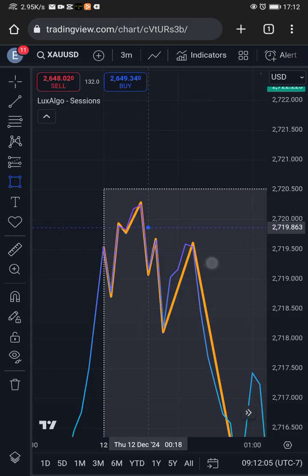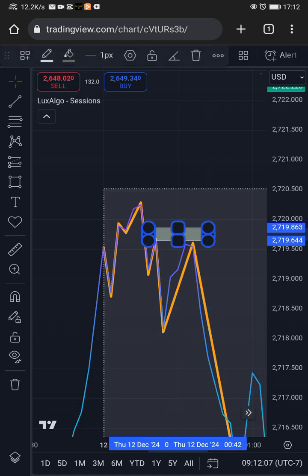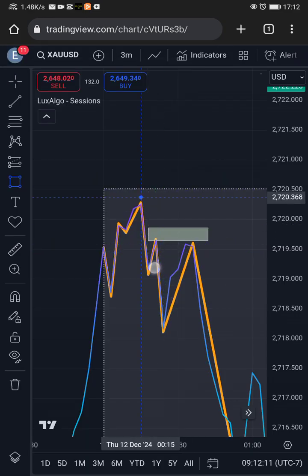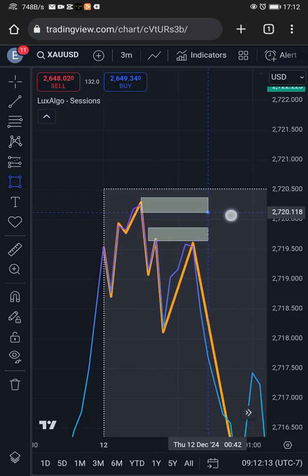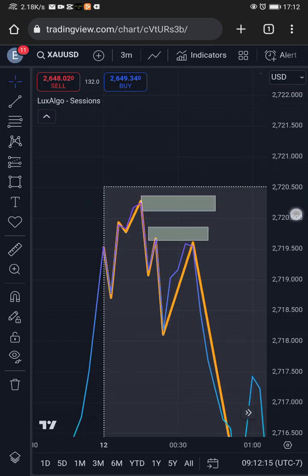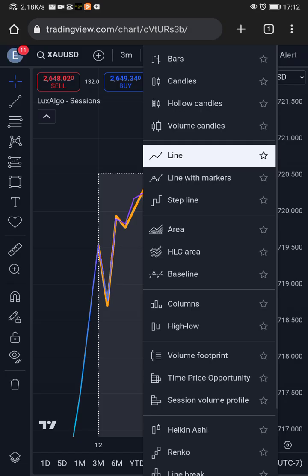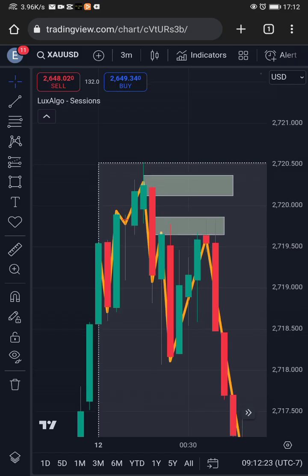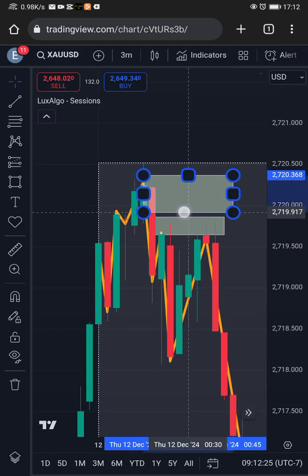We have this and we have this. So you have two zones right there. So let us take a trade. Then turn it back to your normal chart and see if we had any entry. Yes, we had an entry. We have this zone.